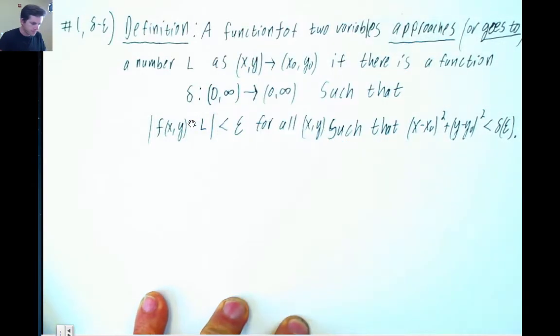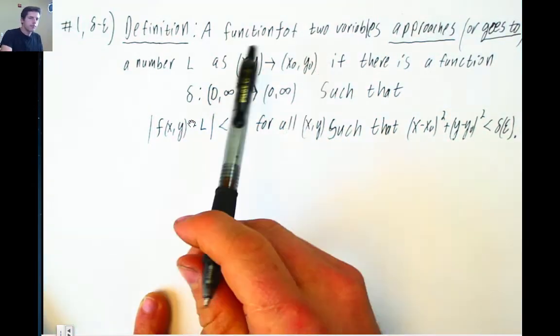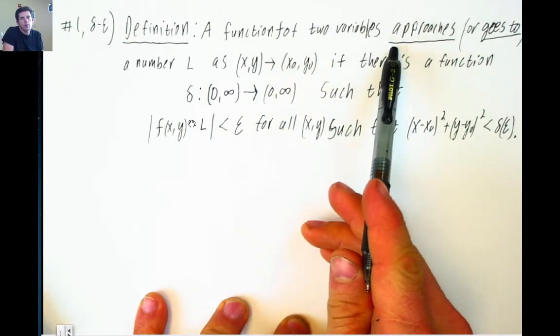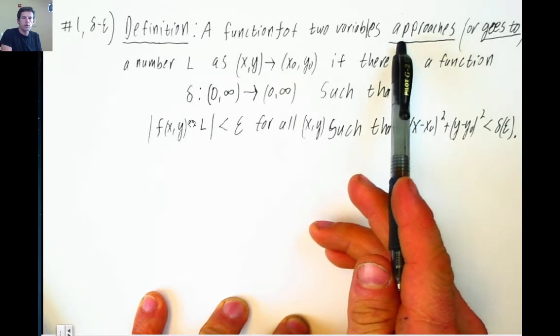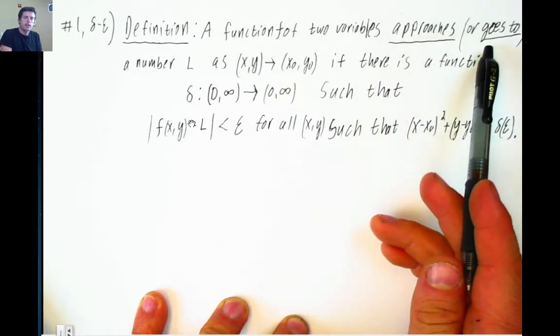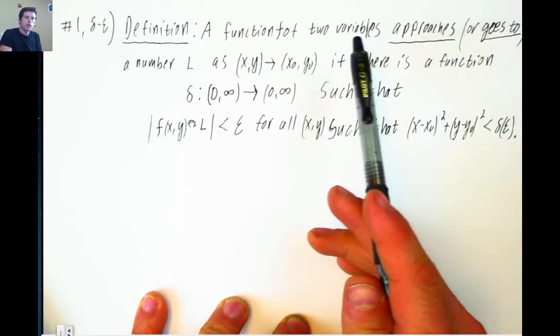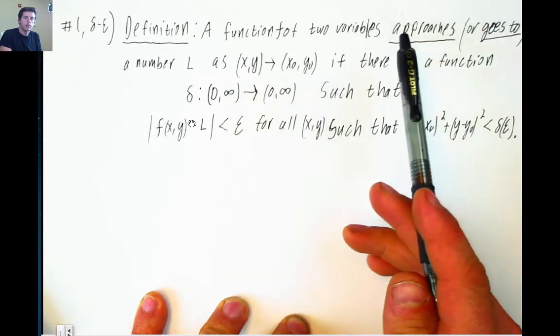All right. A function f of two variables approaches, remember I always underline the word that is being defined, approaches is the word being defined, or goes to, and that is now a property that a function f can have within this definition.